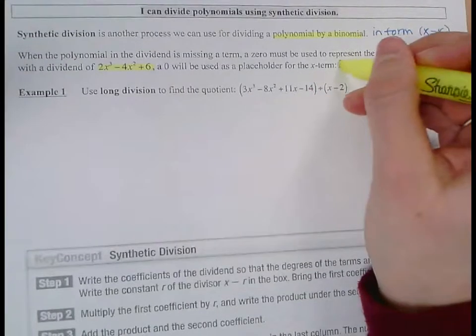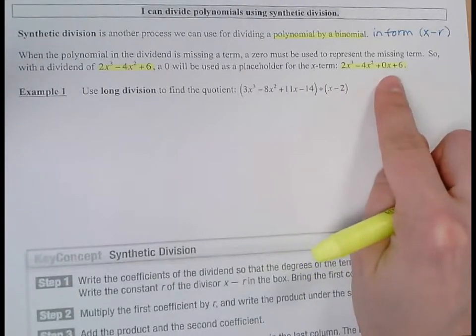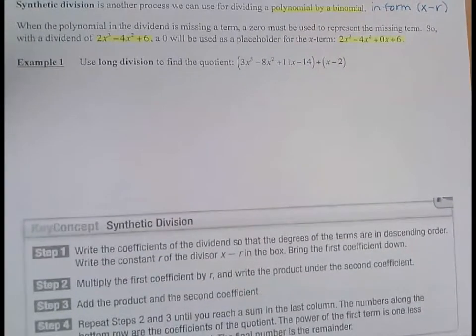This is how it would be rewritten: 2x cubed minus 4x squared, plus 0x in place of the x term, and then the constant of plus 6. We don't have to worry about that in example 1, but we will talk about it later on. This is also true for long division, we just didn't have to worry about it yesterday.